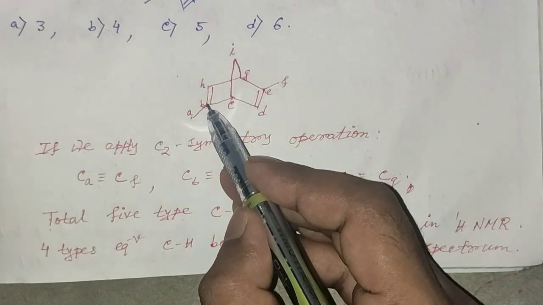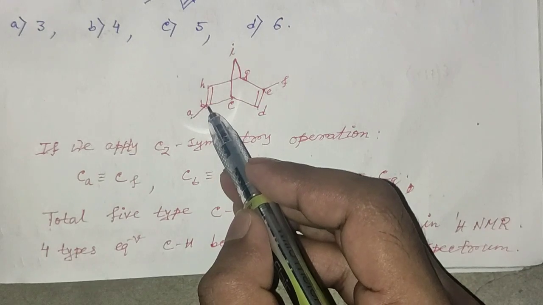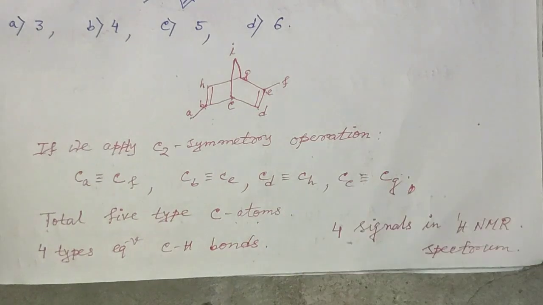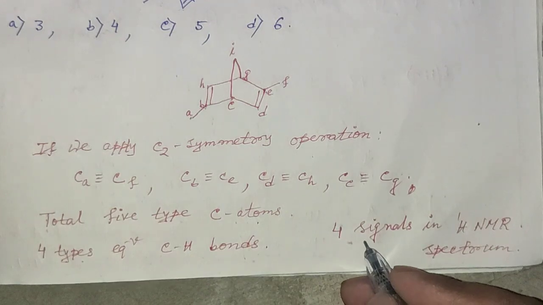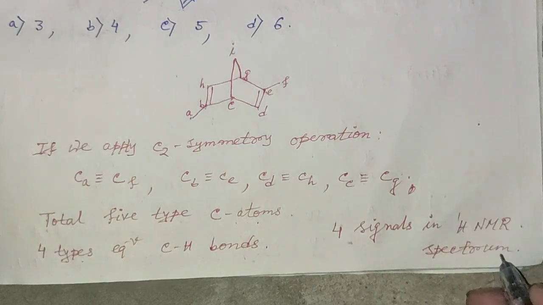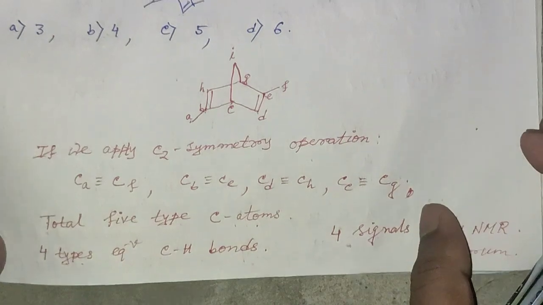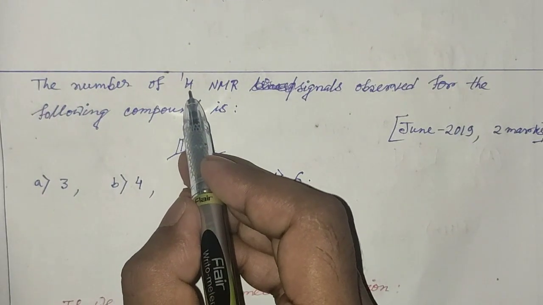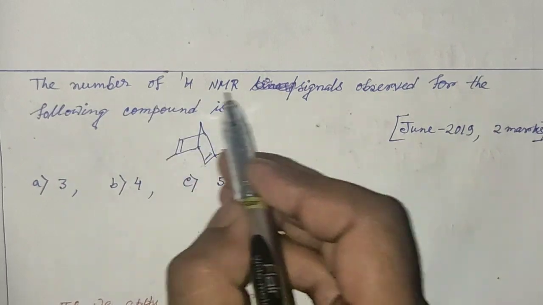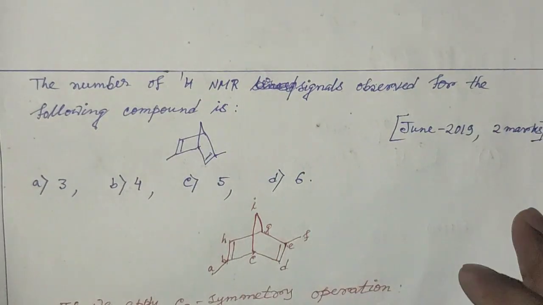Since this carbon atom does not contain any hydrogen atom, there will be 4 types of equivalent CH bonds, and for these 4 types of equivalent CH bonds there will be 4 signals in the 1H NMR spectrum. We have to be careful because in the question it was given as 1H NMR signals.